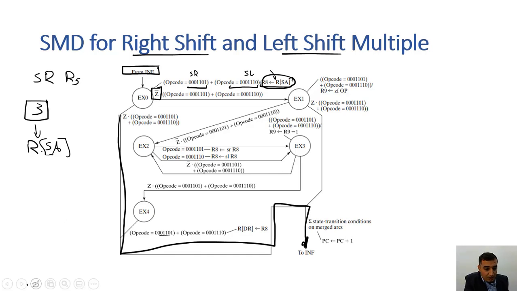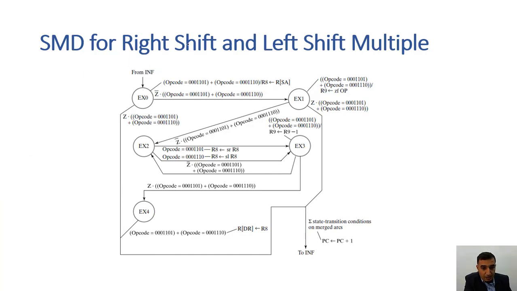Now, if it is not equal to 0, then z complement will not equal 0. If it's equal to 0, then z is equal to 1. If it's not equal to 0, then z is equal to 0. Because this is the z flag, z complement will equal 1. So we are going to the first execute part.